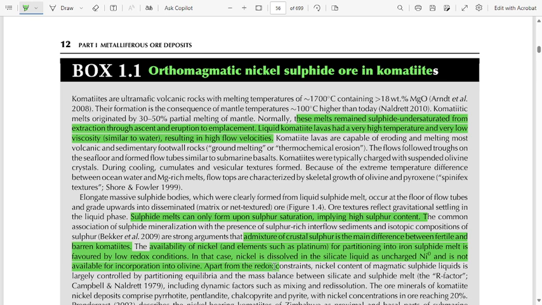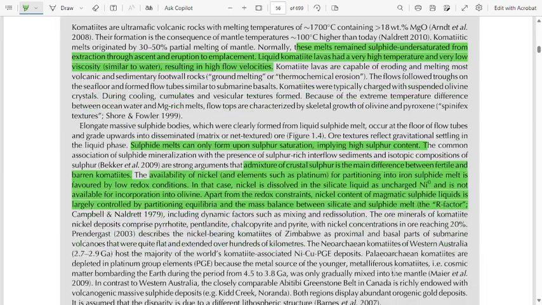Apart from the redox constraints, nickel content of magmatic sulfide liquids is largely controlled by partitioning equilibrium and mass balance between silicate and sulfide melt, the R factor, including dynamic factors such as mixing and redissolution.